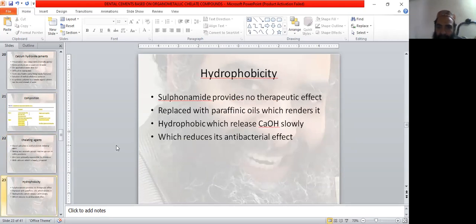Hydrophobicity: sulfonamide provides no therapeutic effect and is replaced with paraffinic oils, which render it hydrophobic and which release calcium hydroxide slowly, and which reduces its antibacterial effect.